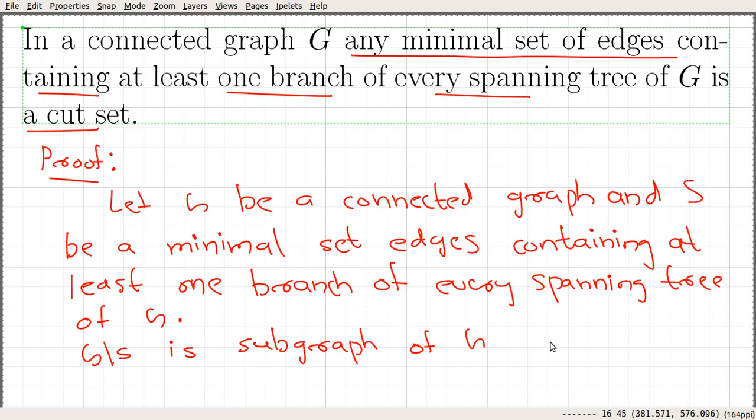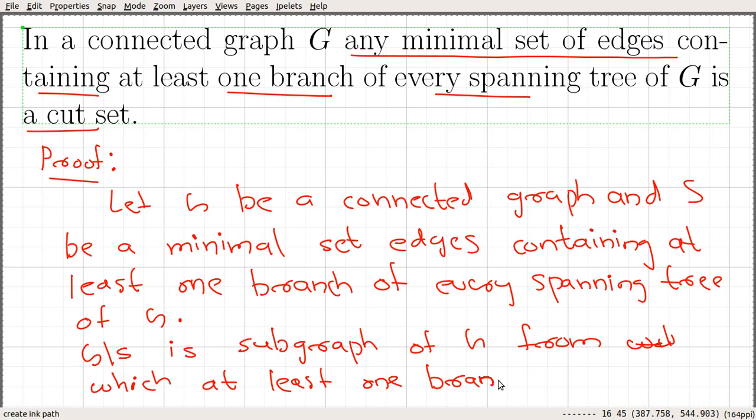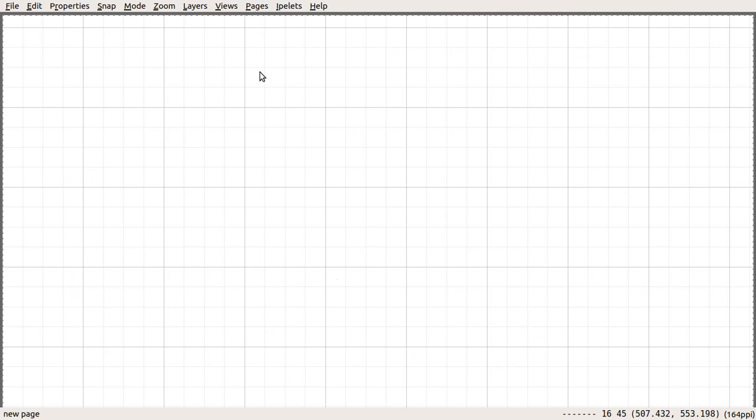It's a subgraph of G from which at least one branch edge of every spanning tree is missing.